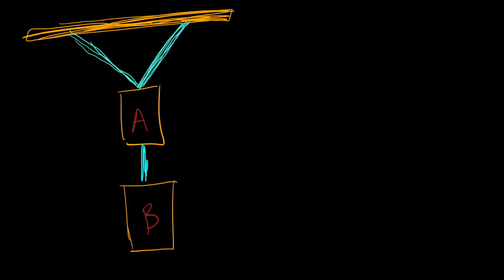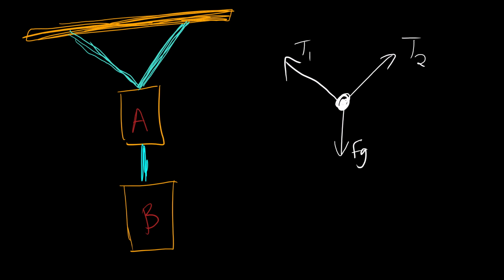For object A, we have tension T1, T2, and Fg, and we also have another force, which you may say is T3. Then for B we have T3 and Fg.